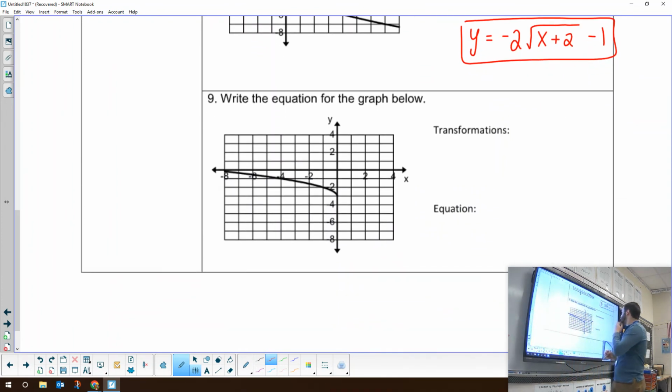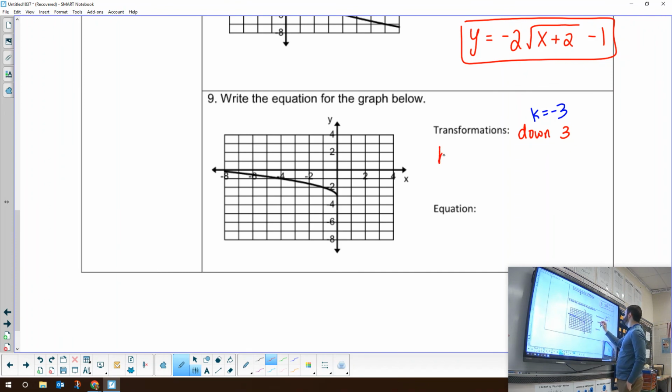Okay, over here, my transformations is I don't go left or right for my vertex, but I do go down 3 for my vertex. So we're going to go down 3. So that means my k is negative 3. And then we're going to have a horizontal reflection. So we're going to go to the left.